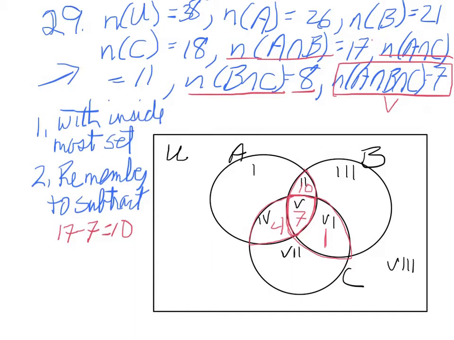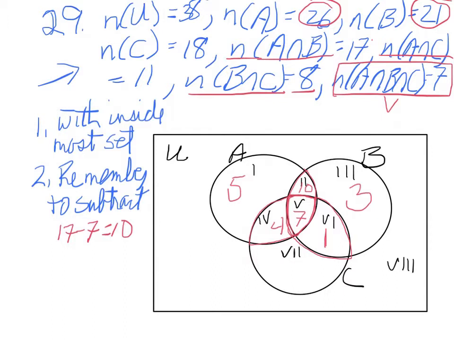So right now in set A, I have 4 plus 7 plus 10, which is 21. And they tell me set A has 26. So 26 minus 21 gives 5. I have set B, which has 21, but what I already have there is 10 plus 7 plus 1, or 18. So 21 minus 18 is 3.